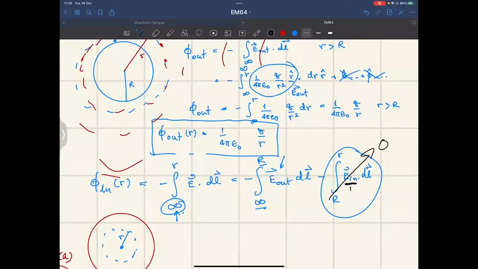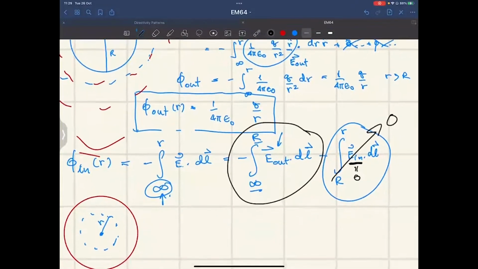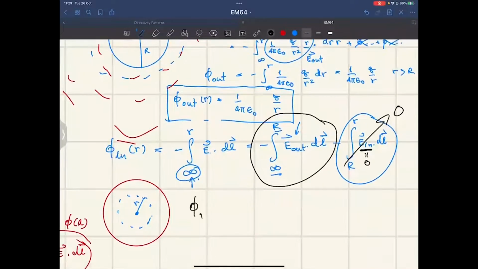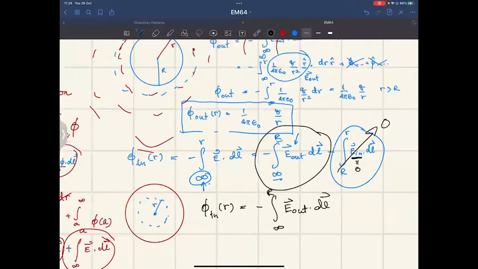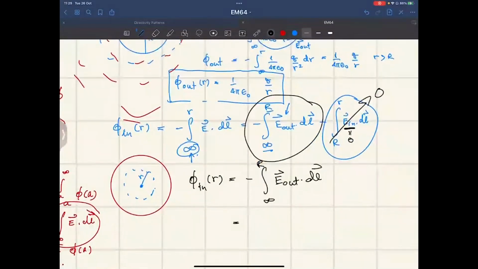It's 0 because E inside is 0, but we still have this term to take care of. Therefore phi inside is equal to this. Okay, I'm not going to do the integration for you.